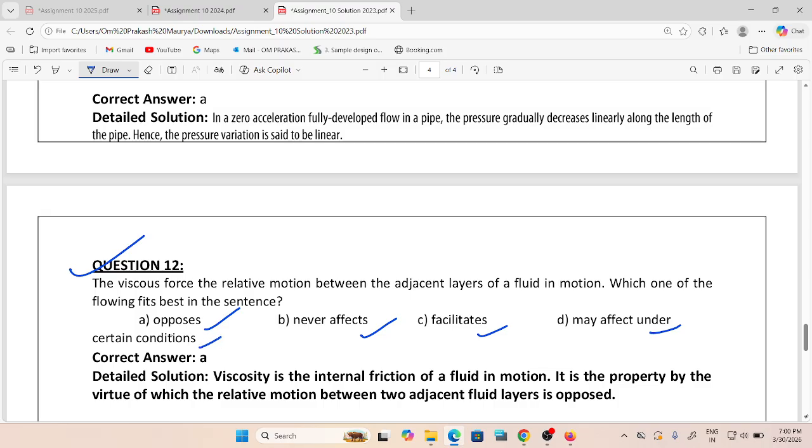Here it is oppose. The viscous force opposes the relative motion of the layers, that is the main thing. So option A is correct here. Viscosity is an internal friction of a fluid in motion, the property by virtue of which the relative motion between two adjacent fluid layers is opposed.